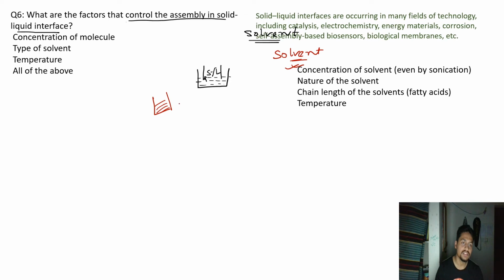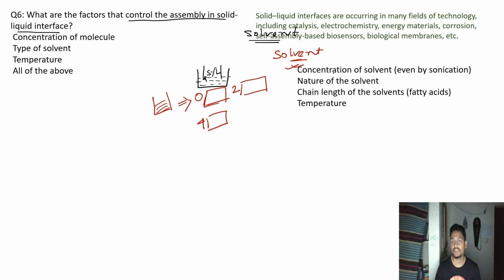Now, just by sonication for some hours, let's say this is 0 hour, this is 2 hours, and this is 4 hours, the surface geometry is actually changing, right? So that means a constant concentration of solvent is very important.